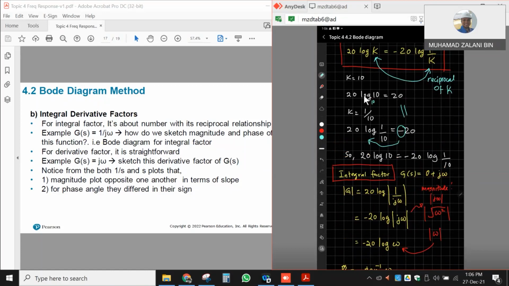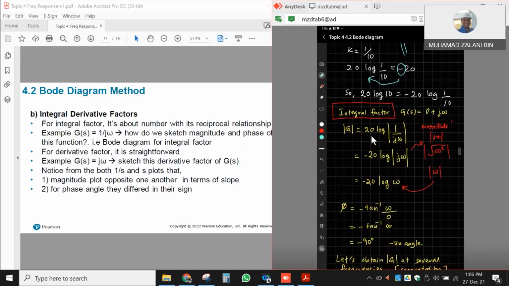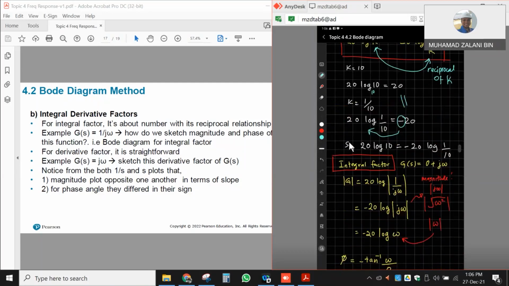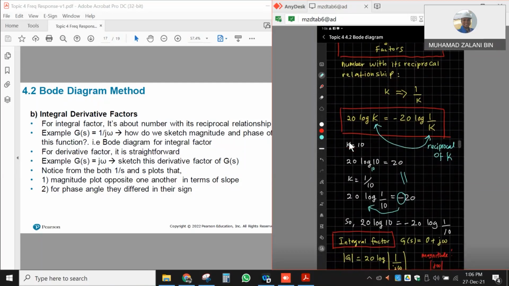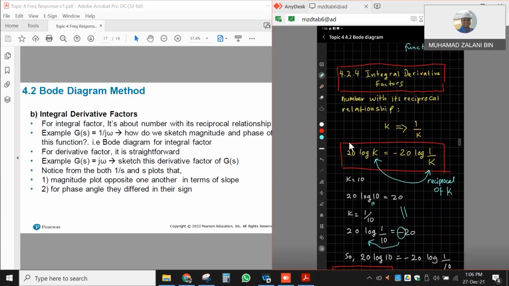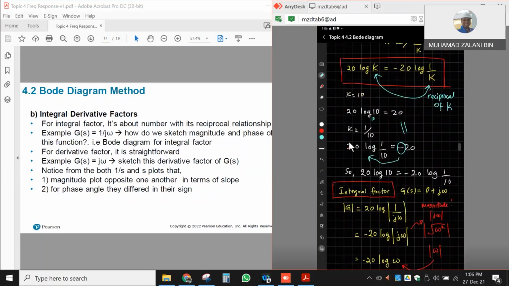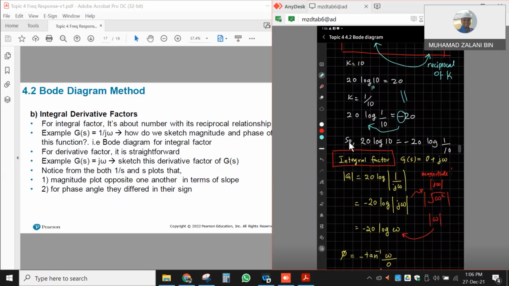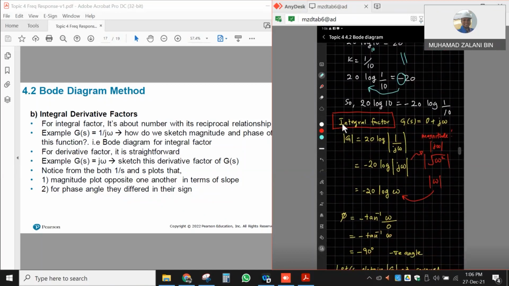That is what it means when we meet the reciprocal relationship of the system, when we do the integral derivative. We will see this relationship, so it is easier for us to represent. For example, if we see the function 20 log 10, then we can represent it in the form of negative 20 log 1 over 10.